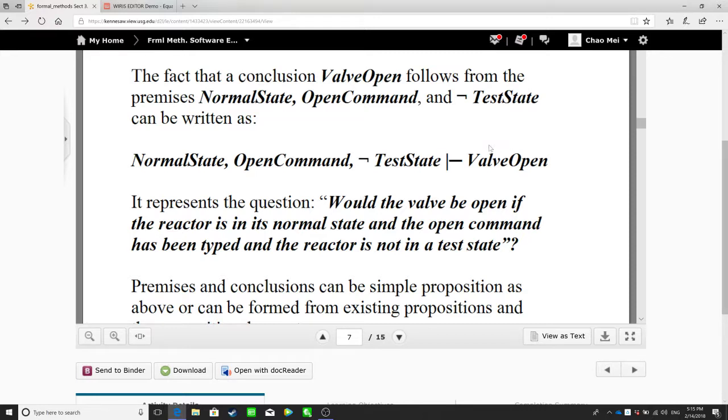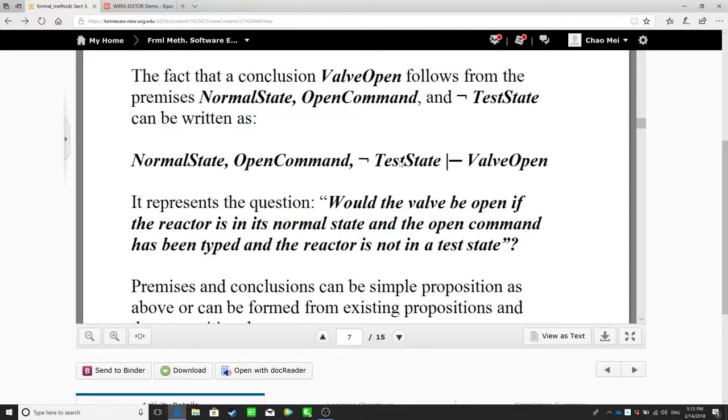Can we prove this valve open from normal state, open command, and negation test state? Yes. And how can we do that? If there's no contradiction... no, let's forget about the contradiction. We want to use the direct proof for now. Oh, I guess not then.